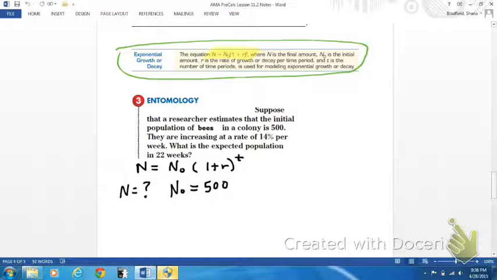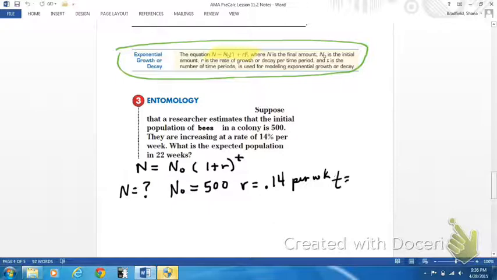The rate, now that's the rate per time period. So the rate is 14%, and I already went ahead and changed it to a decimal, 14% to 0.14 per week. And the expected population, what's the expected population in 22 weeks?